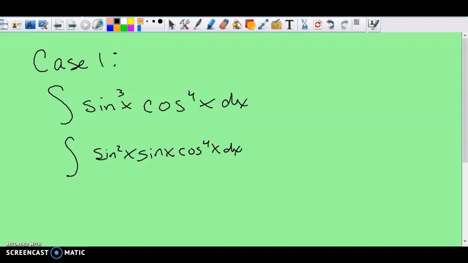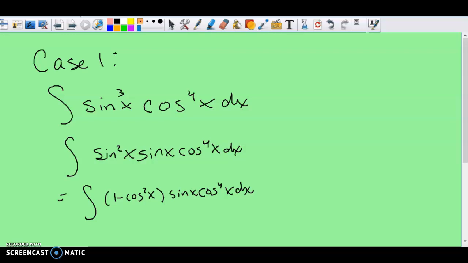The reason I'm doing that is so that I can replace sine squared with 1 minus cosine squared. You're probably thinking, why are we doing this? You just kind of got to trust me and follow along, and you're going to see soon enough why we're doing that. Okay?